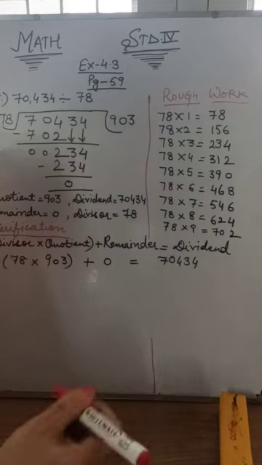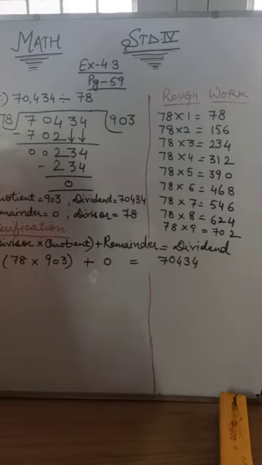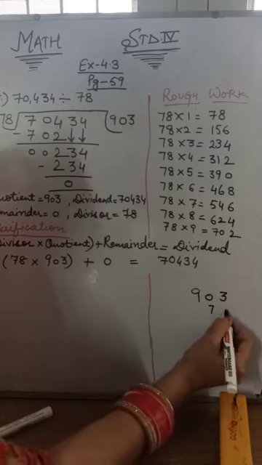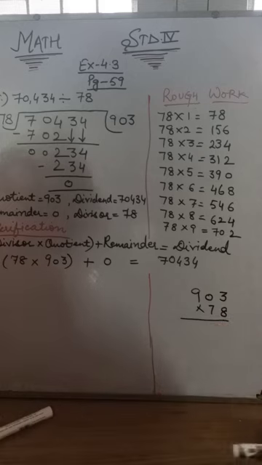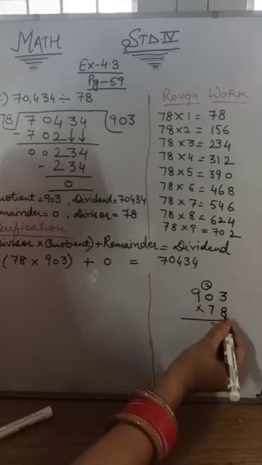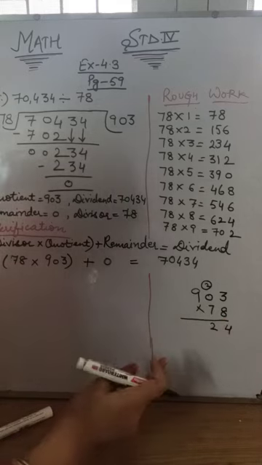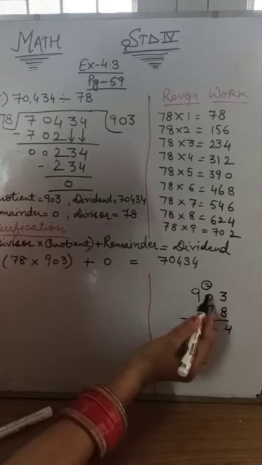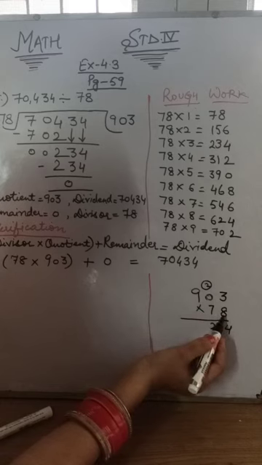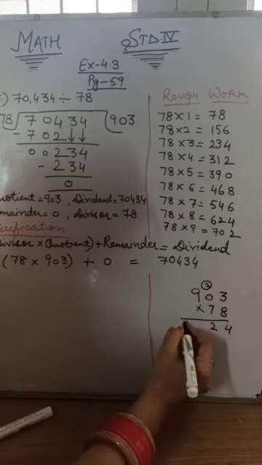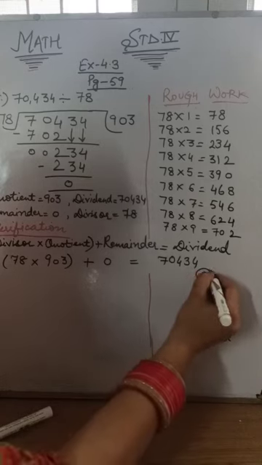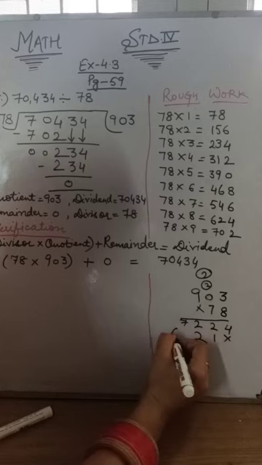So let's multiply first 78 with 903. 8 3s are 24. 2 will come here. Because here is 0, 8 into 0 is 0, 0 plus 2 is 2. So no need to multiply whenever there is 0, directly place whatever number is here. 8 9s are 72. 7 3s are 21, 2 here, again 2 will come here. 9 7s are 63.